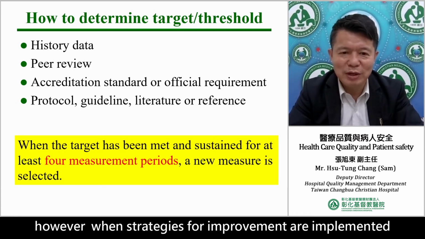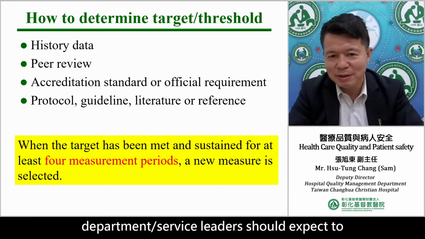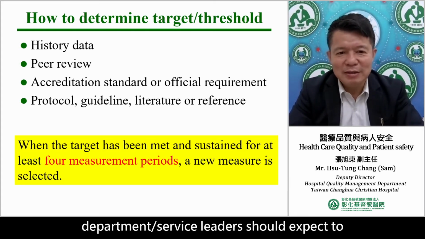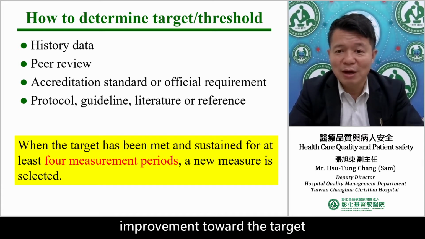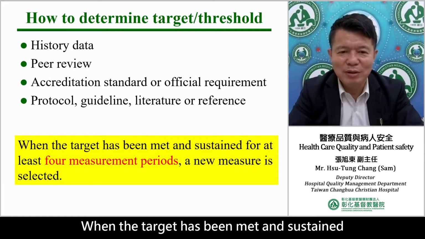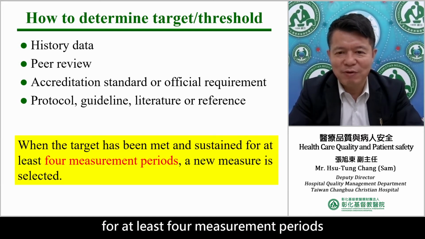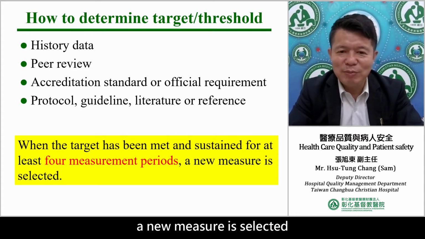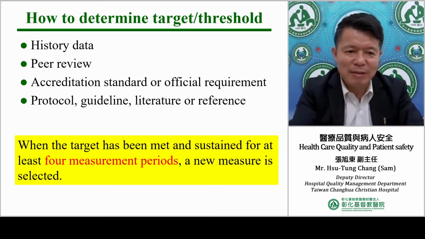However, when strategies for improvement are implemented, department service leaders should expect to improve toward the target. When a target has been met and sustained for at least 4 measurement periods, a new measure is selected.